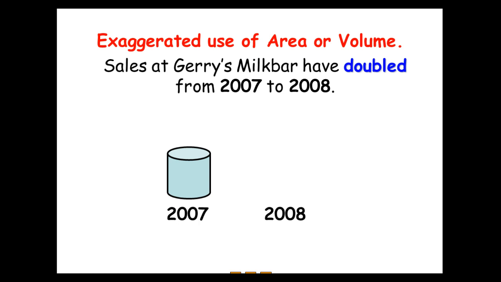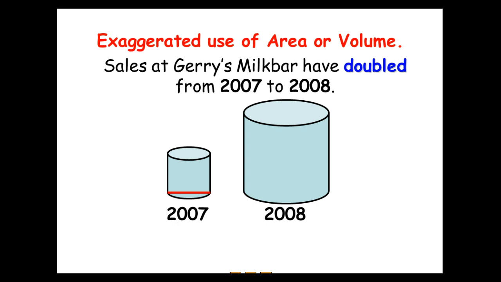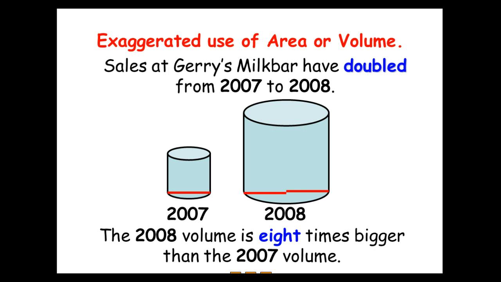Another example of the exaggerated use of area or volume, this data shows the sales at Jerry's Milk Bar have doubled from 2007 to 2008. Here's his data. It's doubled. Well, if we measure the volume of each of these cylinders that Jerry's using to show his sales data, we'll see that the 2008 volume is actually 8 times bigger than the 2007 volume.